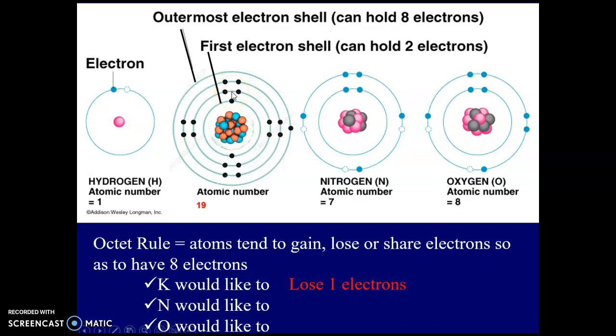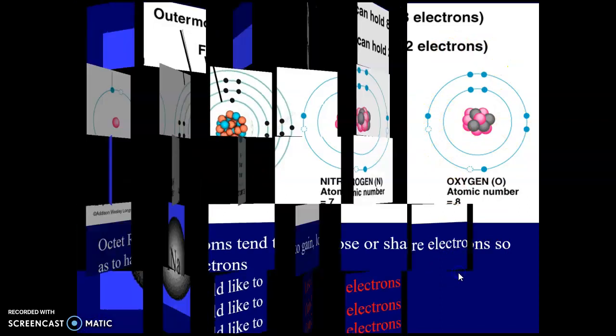So if potassium forms a certain compound or enters into a certain chemical reaction, the first thing that potassium will do is to lose this electron. As for nitrogen, nitrogen has 5 electrons in the outermost shell, so nitrogen will tend to gain electrons. Nitrogen will gain 3 electrons to have 8 electrons in the outermost shell. And for oxygen here, it has 6 electrons in the outermost shell, so oxygen will tend to gain 2 electrons to have 8 electrons in the outermost shell.